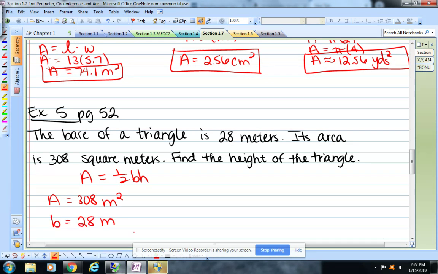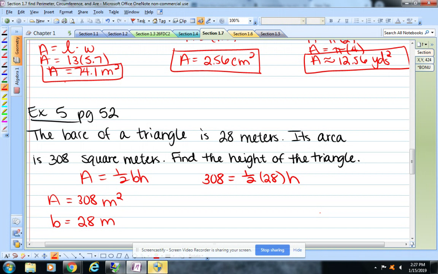So how do you think I'm going to find the height? Plug everything in, right? Yeah. So A is 308, so I plug 308 in for A. Equals 1/2 is going to stay a half. My base, they told me, was 28, and I'm looking for H, so I'll leave that a variable. So use your formula and plug in what they tell you.